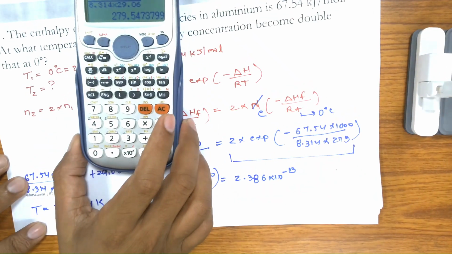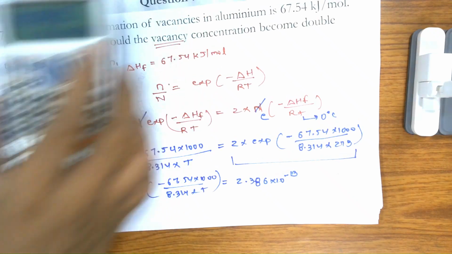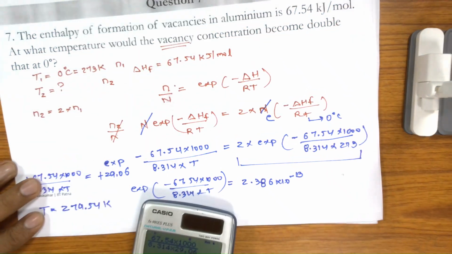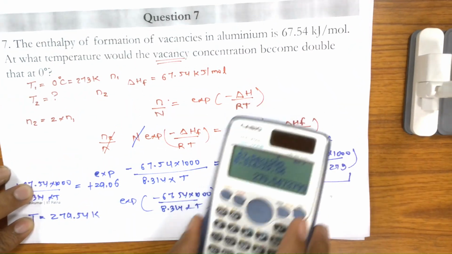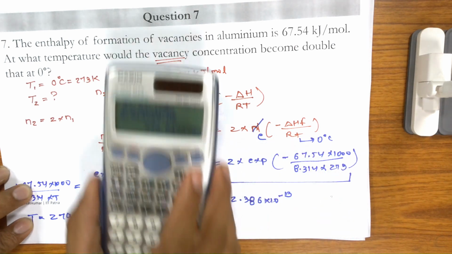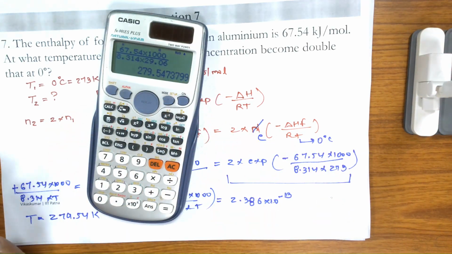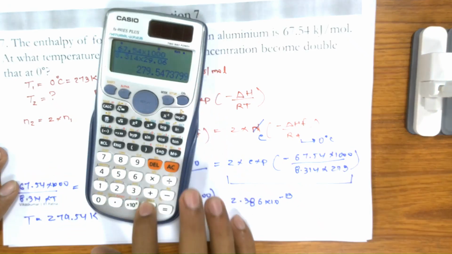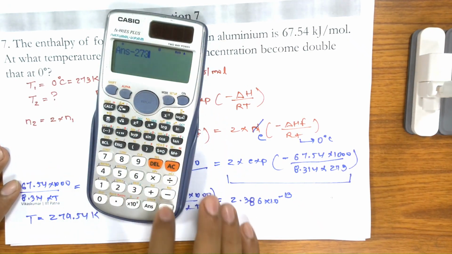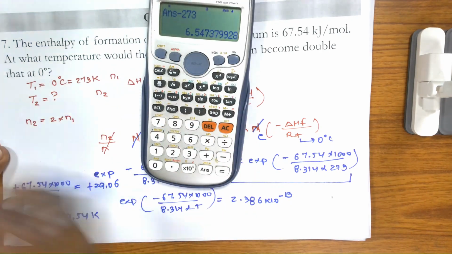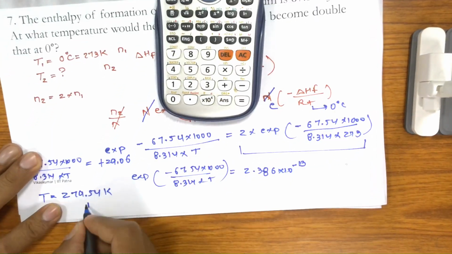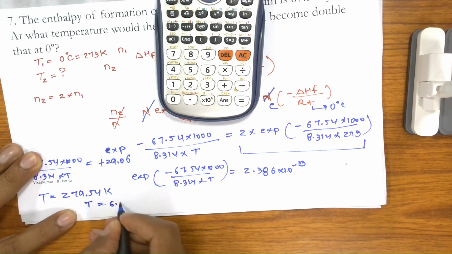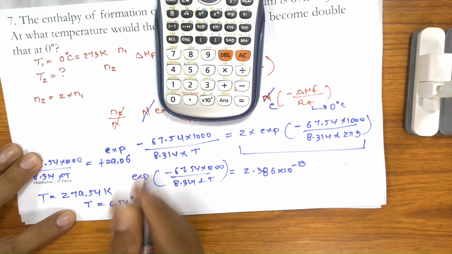Whenever we are solving this vacancy concentration equation, we are only going to deal with Kelvin, not degree Celsius. So if someone wants the value in degree Celsius, what they can do is subtract 273. So the final answer which we are getting is the temperature is 6.54 degrees Celsius.